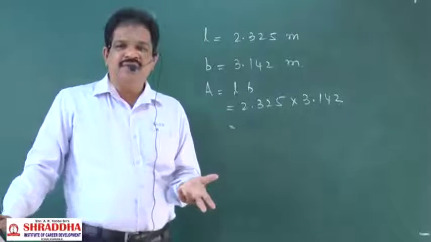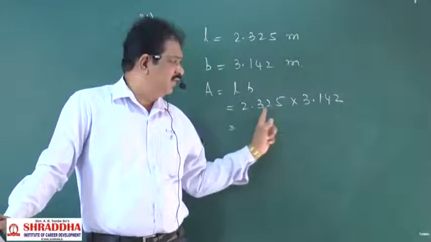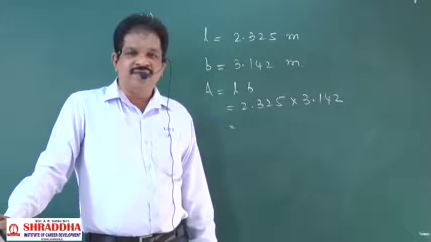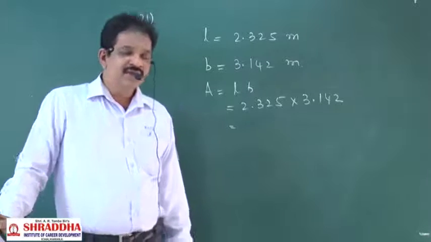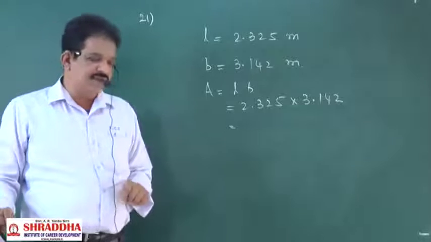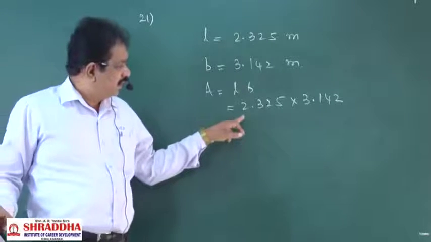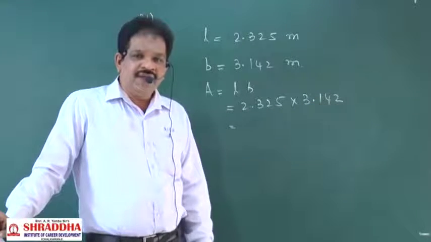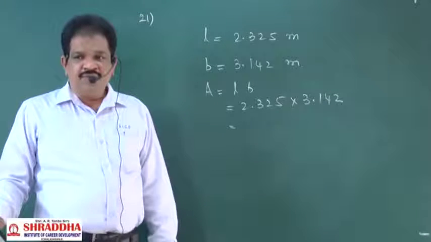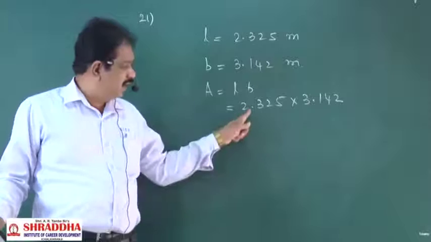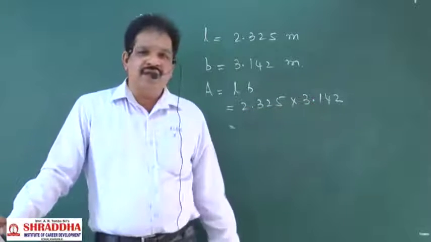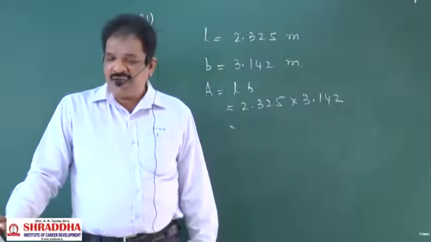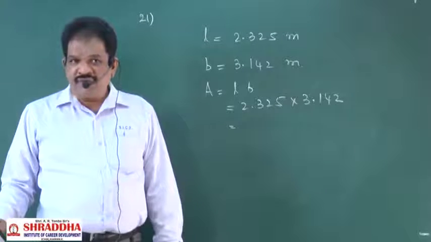Length given, breadth given, find the area means simply multiply these two. That is not the level of such questions. You have to follow significant figures. Here 4 are there, here 4 are there. The final answer will also have 4 significant figures.